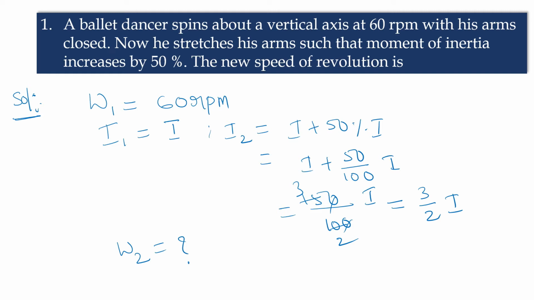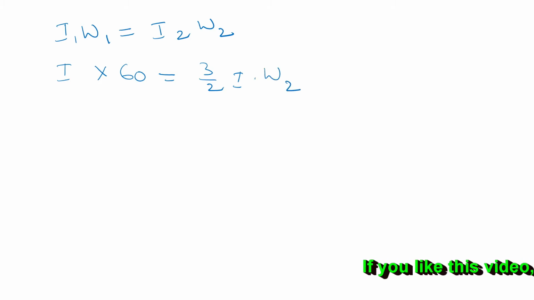According to law of conservation of angular momentum, I1 omega 1 is equals to I2 omega 2. So for I1, omega 1 they given 60 rpm and I2 is equals to 3 by 2 I, and here I1 is nothing but I, and we have to calculate omega 2.